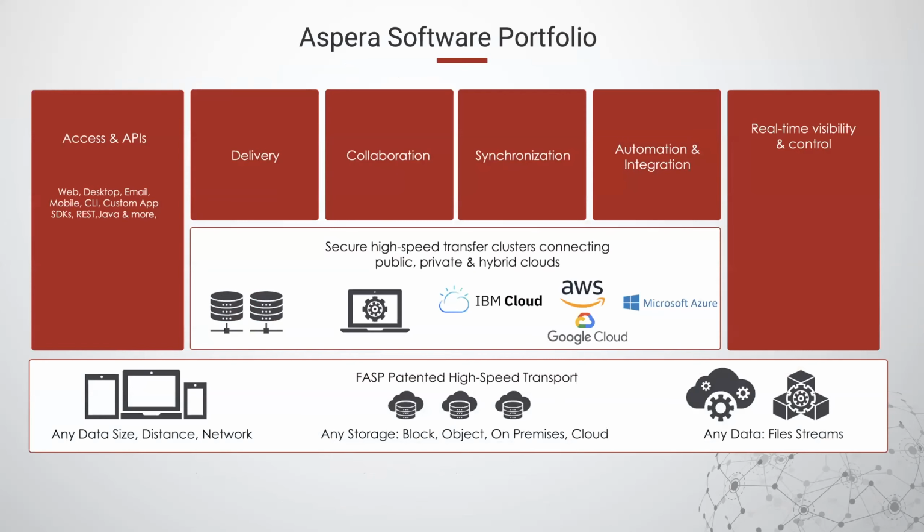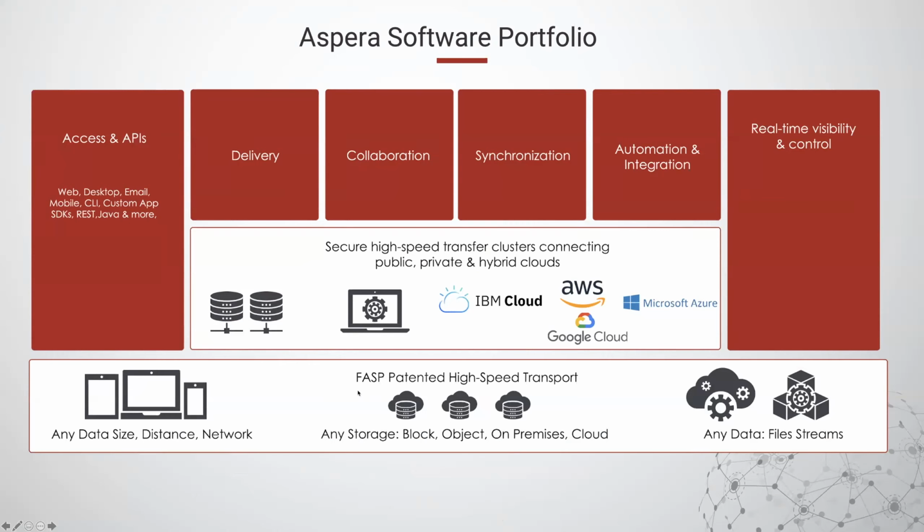Okay, so how is this made available? This is just sort of a big picture view here. This Aspera protocol, the FASP protocol I've been talking about, is underneath all of these solutions that we're going to be talking about today, right? So the protocol, the FASP protocol, is always the same.